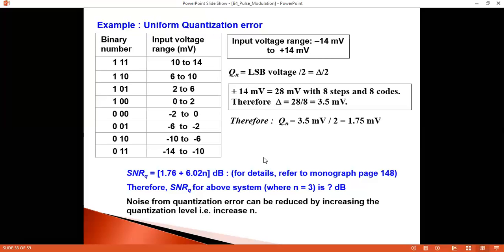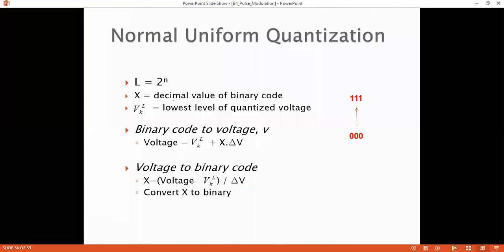Okay, let's look at some formulas. We have formulas for folded and non-folded uniform quantization. You can actually do it manually like before, but if our n is high, then it will be very time consuming. Yeah?